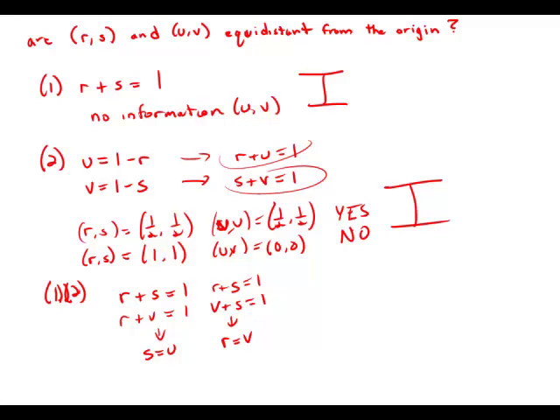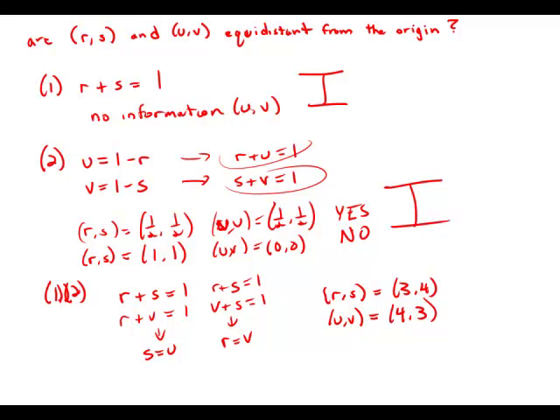And so the x-coordinate of the first point is the y-coordinate of the second point, and the y-coordinate of the first point is the x-coordinate of the second point. So it means that if RS is a point, say, like 3, 4, then UV would have to be the point 4, 3.